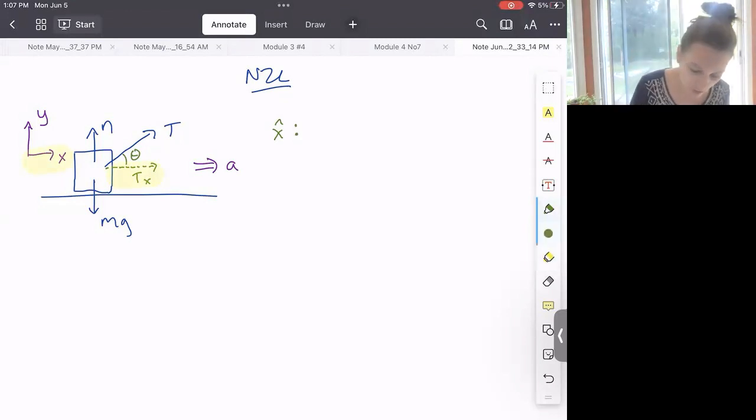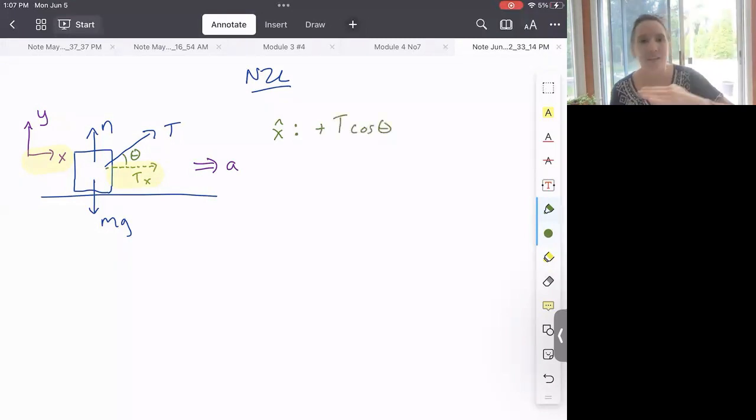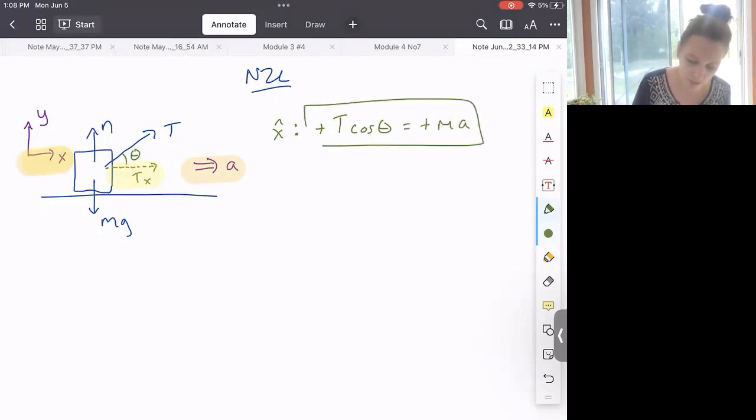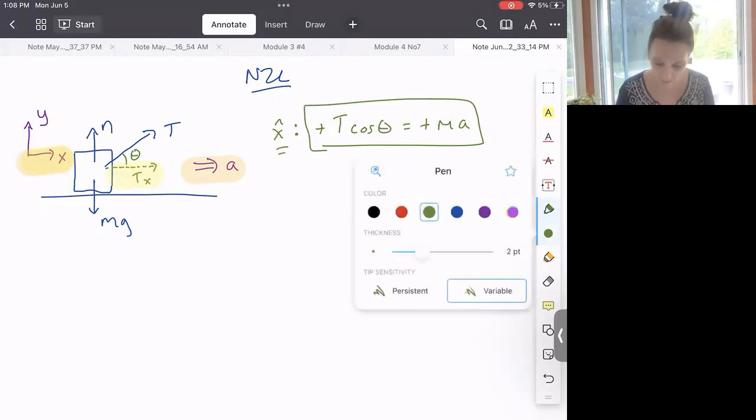So I would then go ahead and write positive Tx, which is just equal to T cosine theta. That's the only force I have. So that's the only step that I do in that sum of forces. Now I have to set it equal to plus MA, minus MA, or 0. And again, here I can note that my acceleration is in my positive direction. So I'm going to choose positive MA. So that's my equation of motion in the X direction.